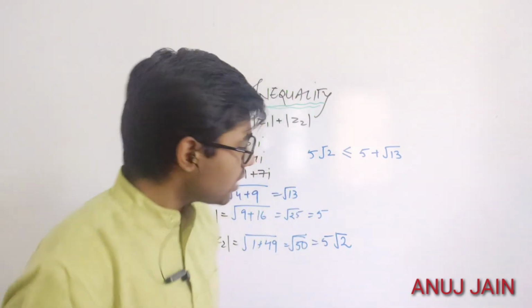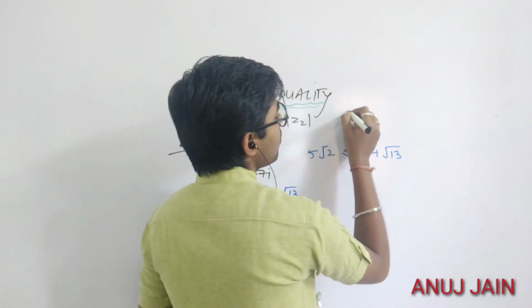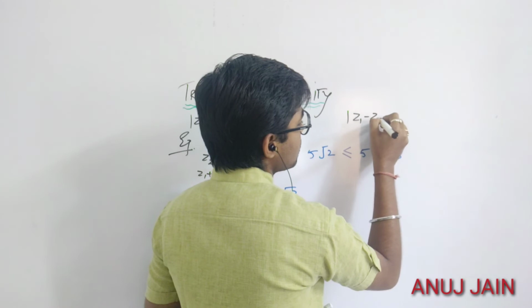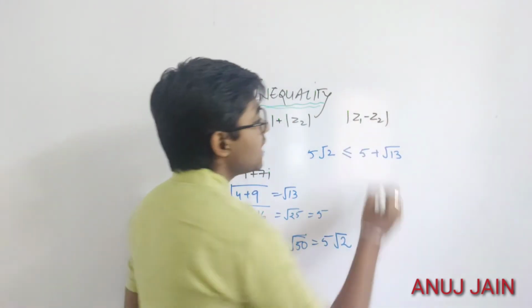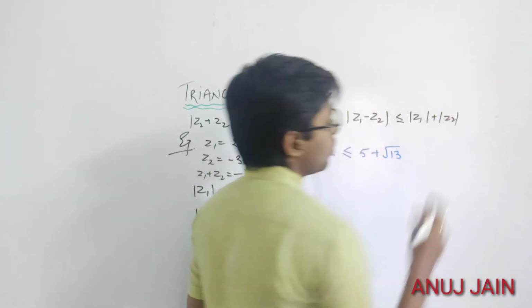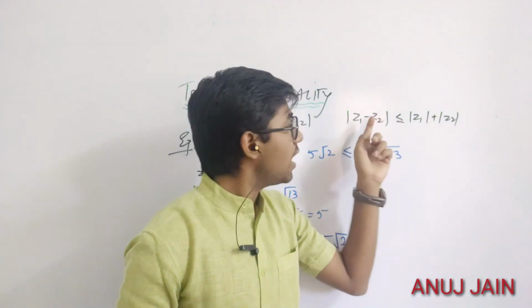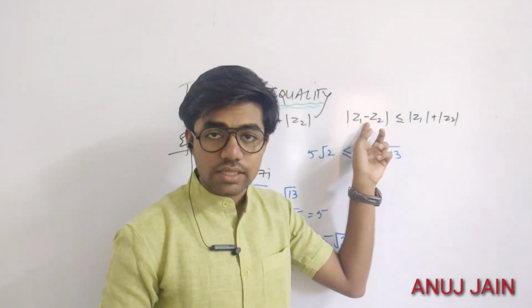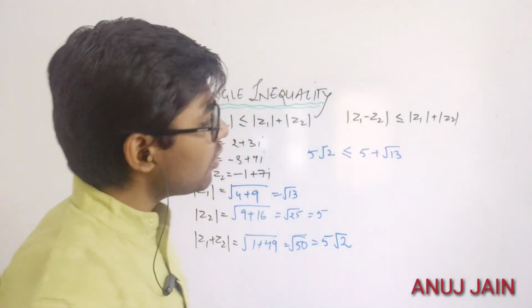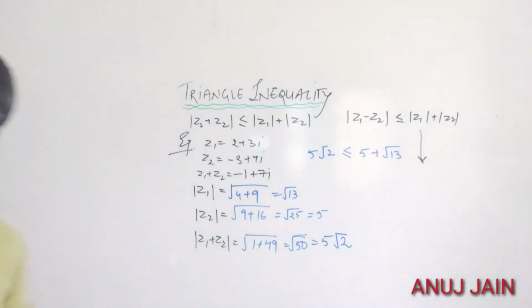One more thing, here we have taken addition. Similarly, we can take it for subtraction. Mod of Z1 minus Z2 is less than or equal to mod Z1 plus mod Z2. Look very carefully, I have written addition here and here minus. If you need to verify this, take the same example and you can verify how we get this answer.